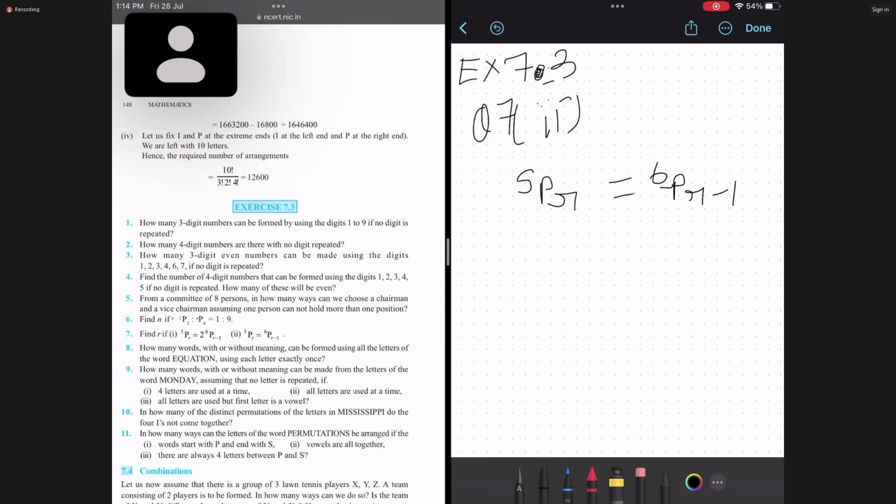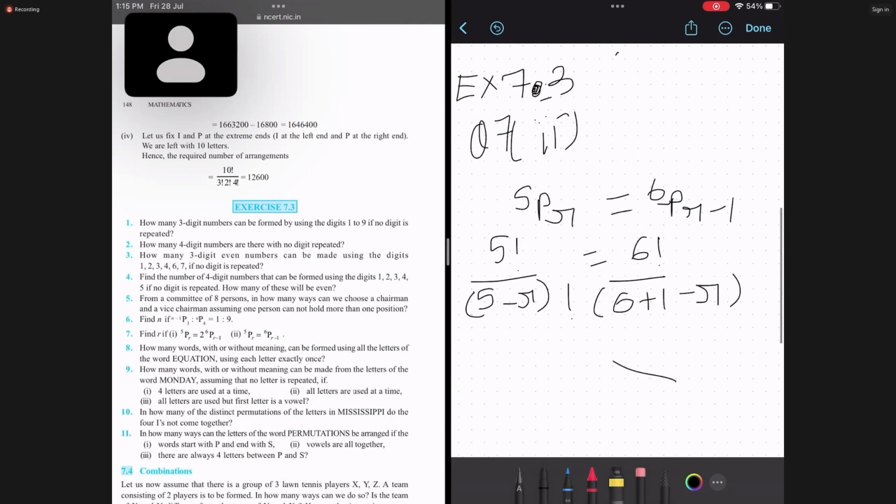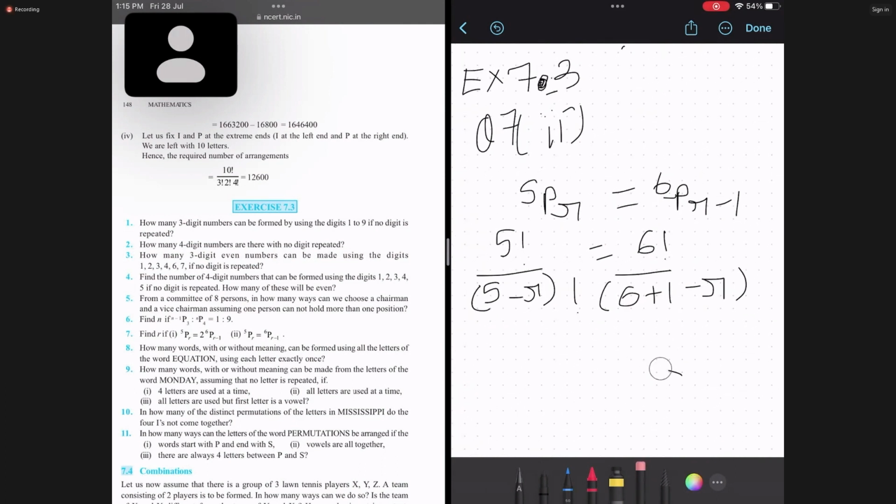So 5pr is 5 factorial upon (5 minus r) factorial is equal to 6 factorial upon (6 minus 1 plus r) factorial.